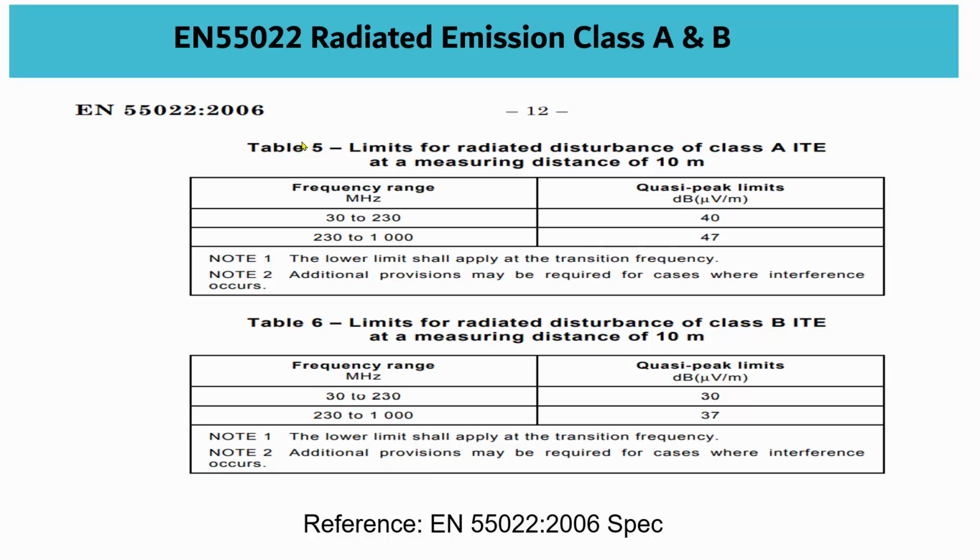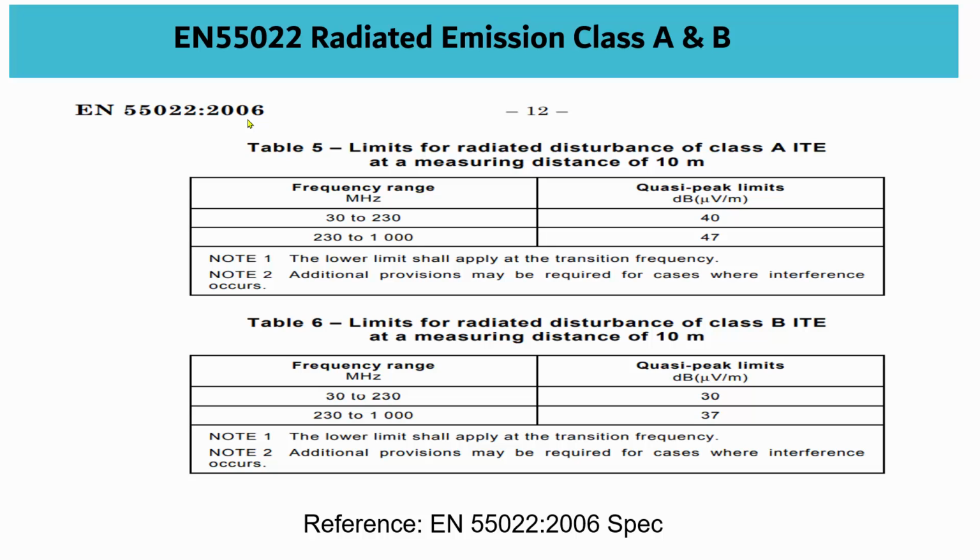And this is another spec, the radiated emission spec, which I pulled directly from the Europe spec EN55022, published in 2006. It doesn't have a curve like you see from the other spec.